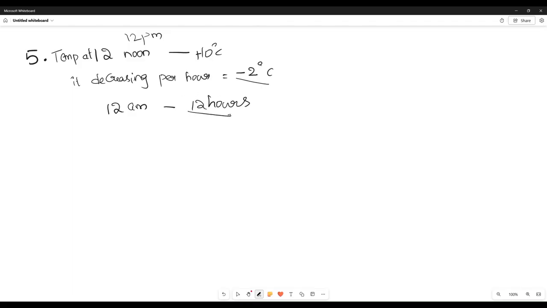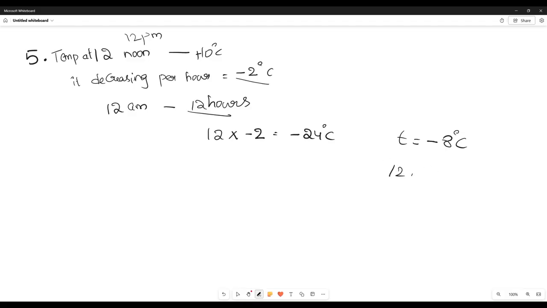So for 12 hours how many degrees is it decreasing? 12 into minus 2 which is minus 24 degrees Celsius. So they're asking at what time would the temperature be 8 degrees below zero? We need to find the time when the temperature is minus 8 degrees Celsius.